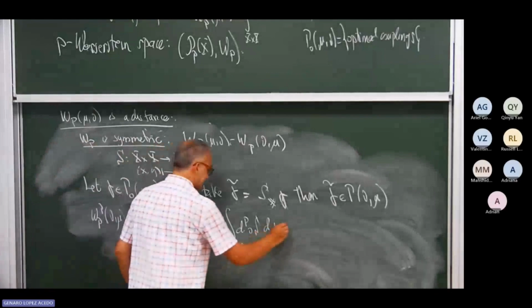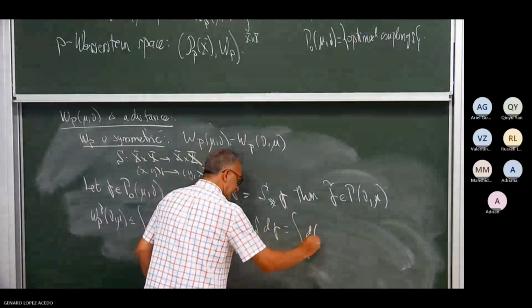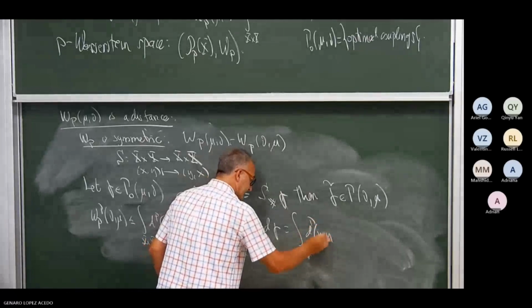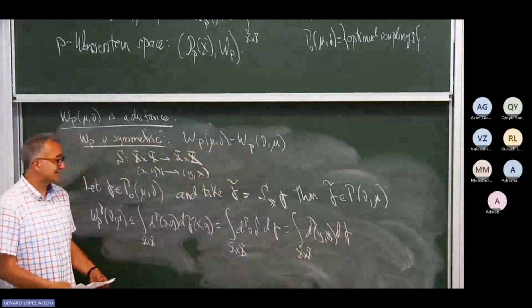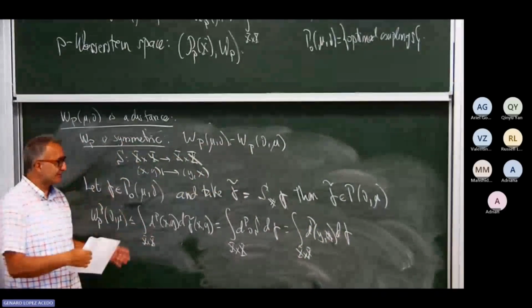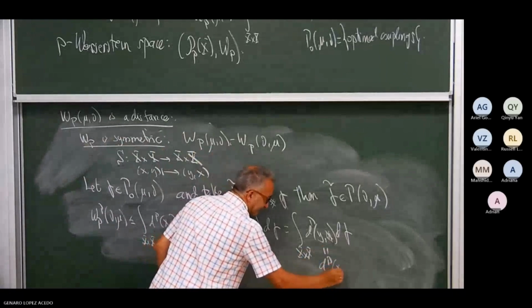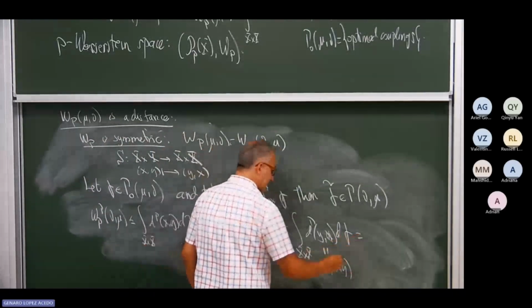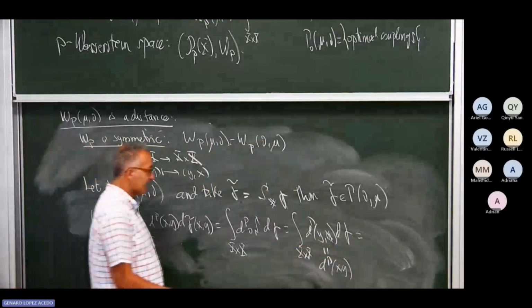And what we have is that, but since the metric itself is symmetric, and gamma is optimal, gamma is in the set of optimal plans, we have this.